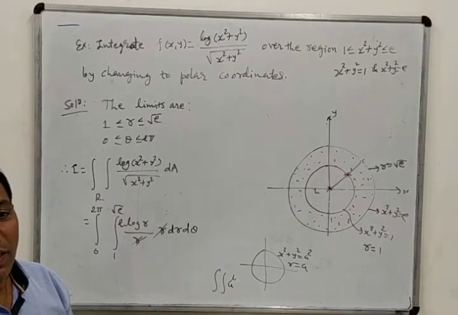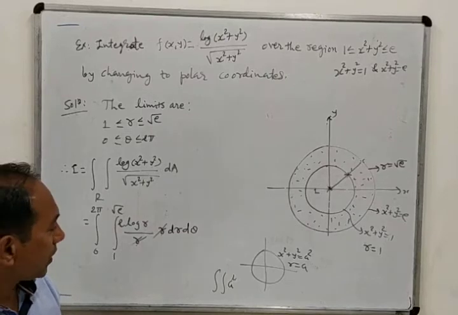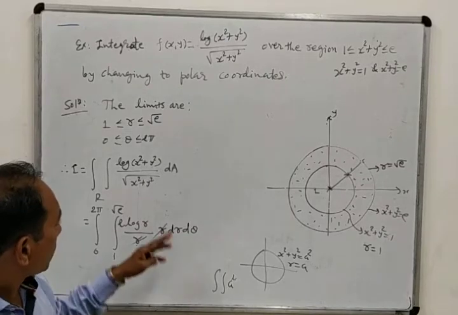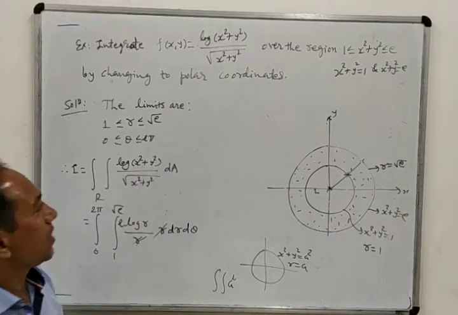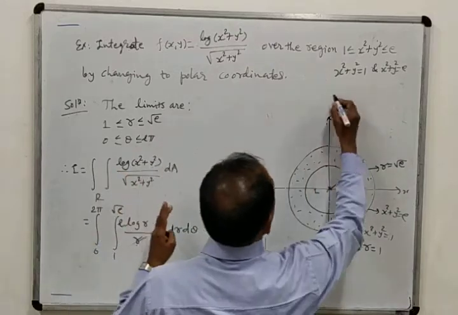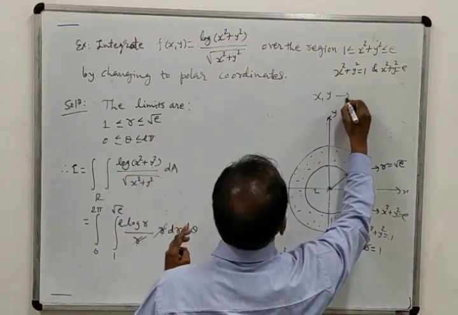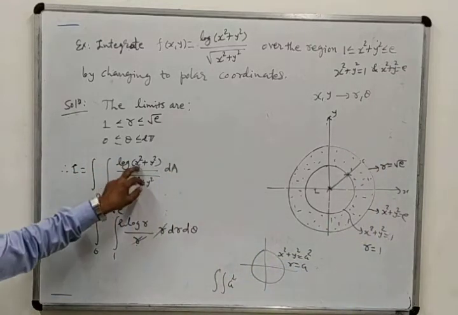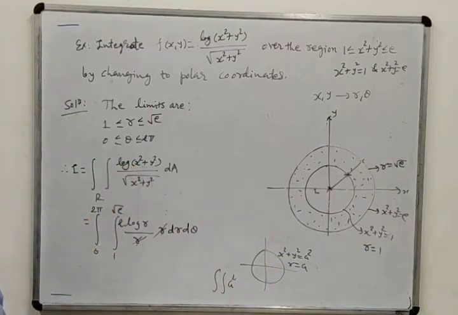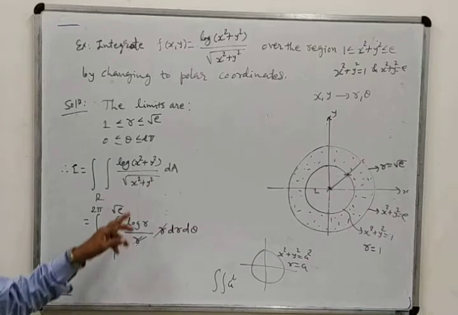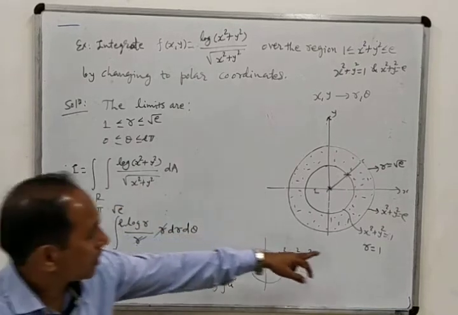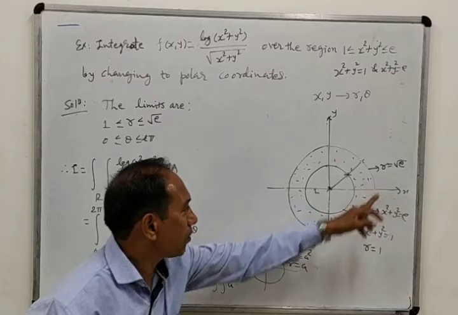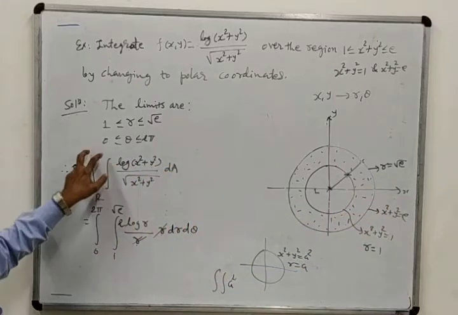Then there is nothing to integrate, no variable will remain. So variables must be replaced by variables. That means inside the integration we are replacing x and y by r and theta. So this must be replaced by the variables, not by the constants. These constants, that means r equal to 1 and r equal to root e, are only for the limits.